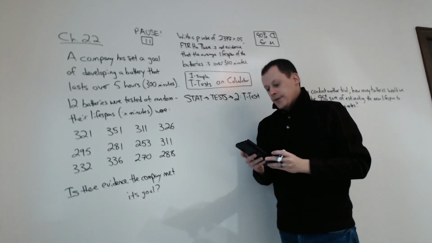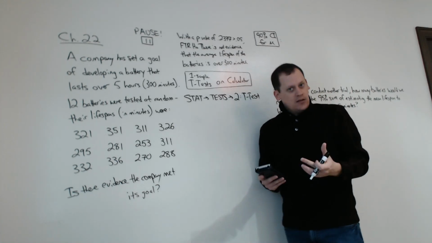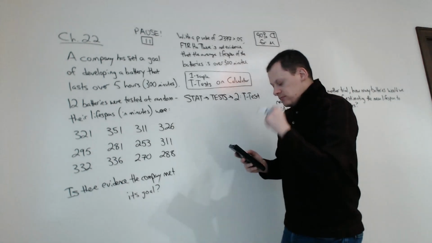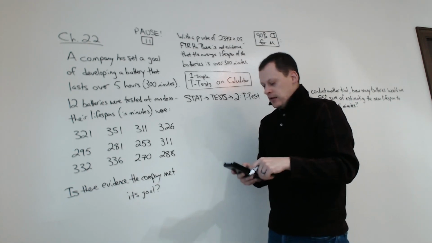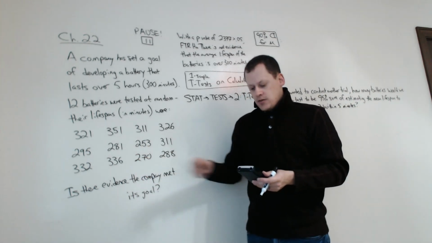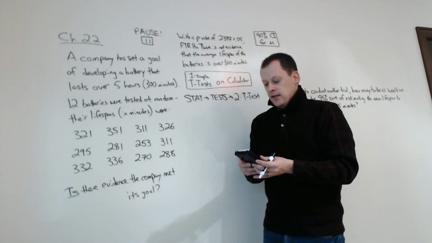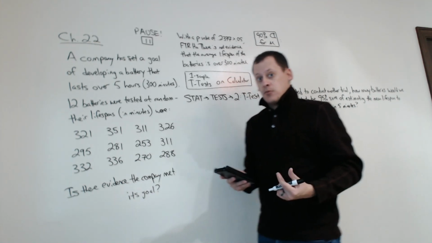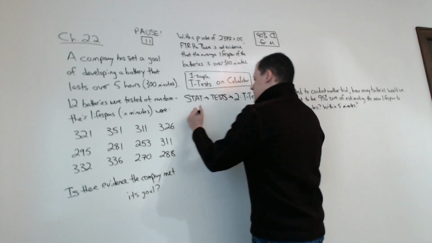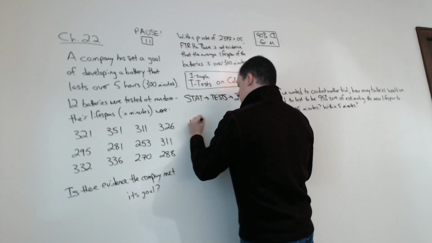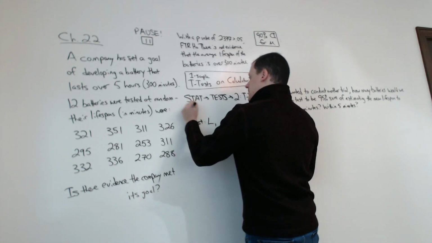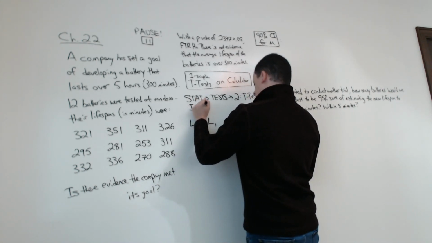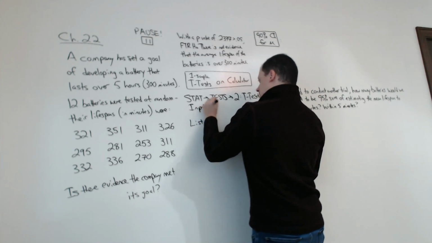So you hit enter there. And just like when we did this for proportions, for the input you'll have 2 options. It says data or stats. If you have the raw data values, you'll use data, and it'll ask you what list those numbers are in. So in our case, that list is L1. So it says input data.